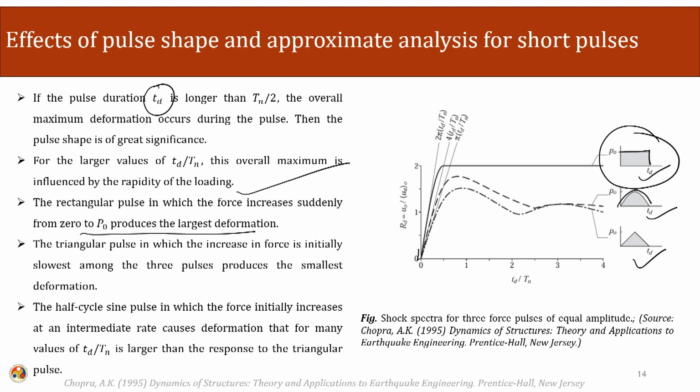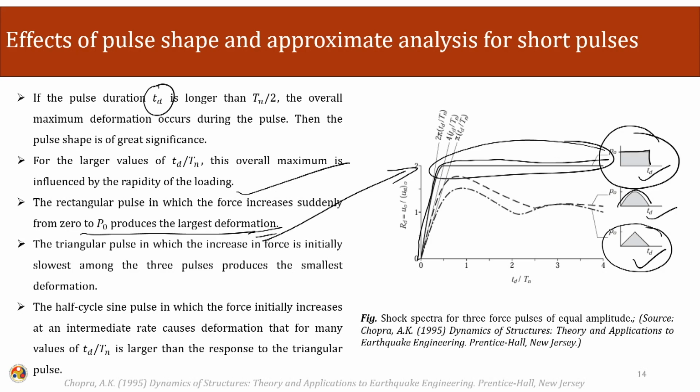If you look into the envelope, it produces the maximum response, the maximum deformation. The triangular pulse, in which the increase of the force is initially slowest among the 3 pulses, produces the smallest deformation. Here the rate of loading is slow, so it gives the least increase in the displacement.